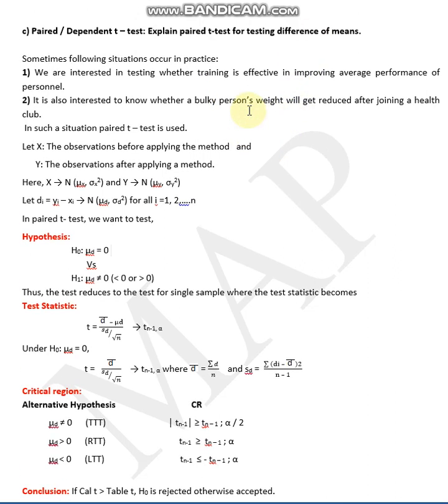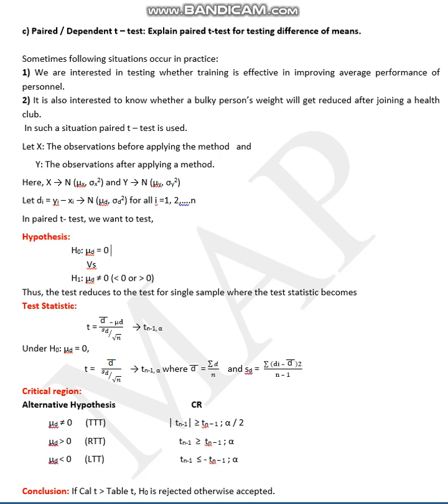This is the test where both the variables are dependent, unlike the unpaired t-test in which both the variables are independent. So in such a situation the paired t-test is used. So what is this X?